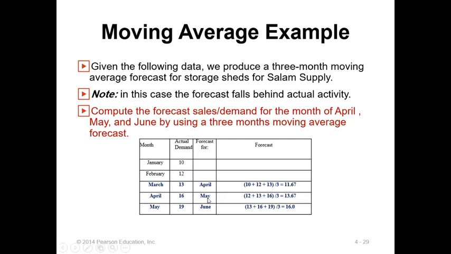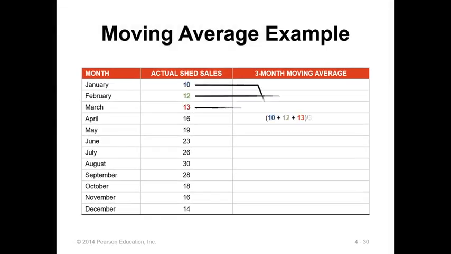And we will do the same with May, for example. If you want to now forecast the sales for the month of May, then you have also to make 3 movements back. So you will take into consideration, you will add 16, which is the actual demand for April, plus 13 plus 12, divided also by 3, and you will have an answer of 13.67 as a forecasted demand for the month of May. We will do the same also with June. So this is also an easy way to forecast demand by the moving averages.